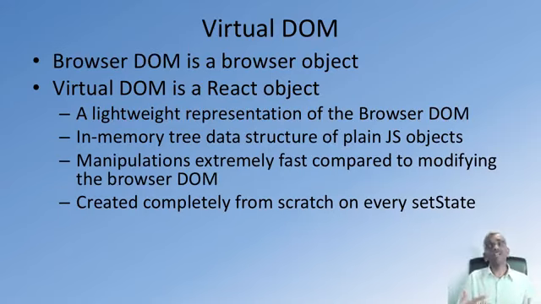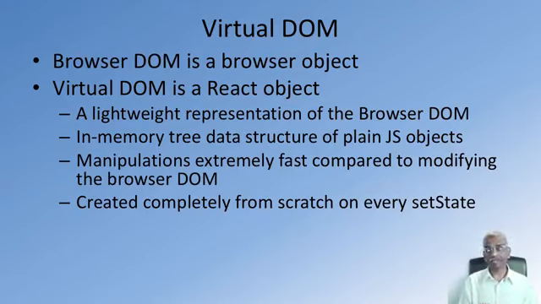So when you have any changes to the state of your components or changes to the props that a component obtains, then that may result in the component being re-rendered. So this re-rendering is initially done to the virtual DOM.